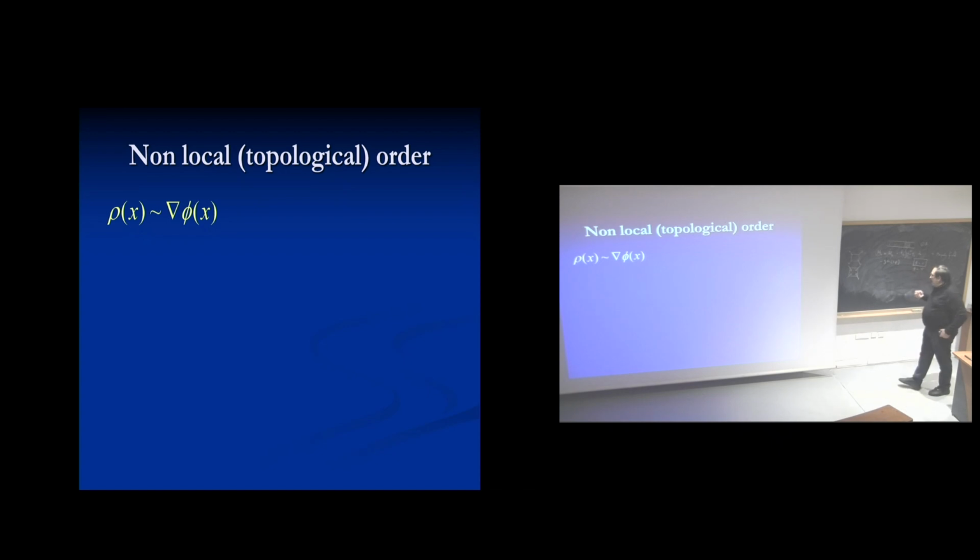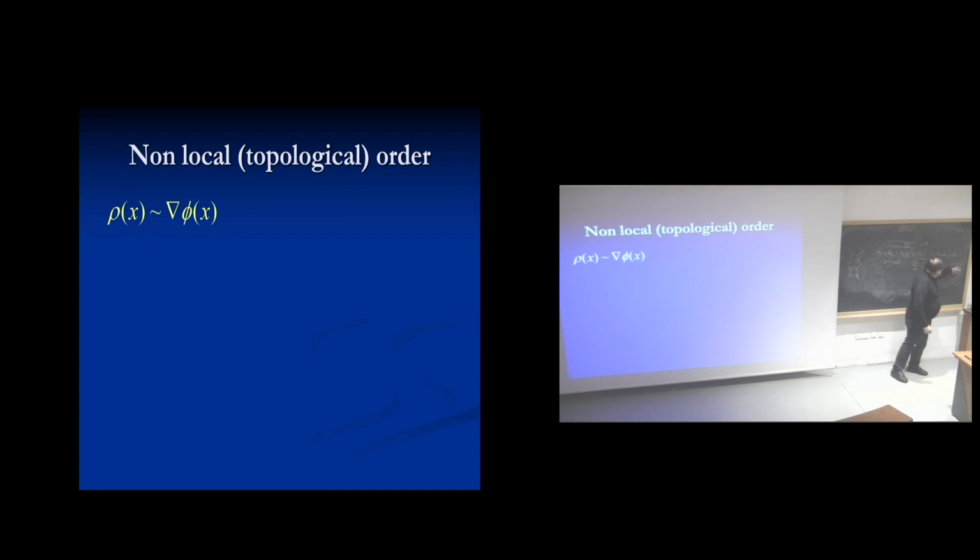So how can I test that? Well, the density would tell me rho is blah, blah, blah with cosine 2 phi. But if phi is ordered, it means that if I could do a function which is cosine lambda phi with lambda arbitrary, it should still be ordered. It should have an average. How can I do this? Well, answer, you can't if you have only local probes. Because if you have only local probes, the only thing you have access to is the density.